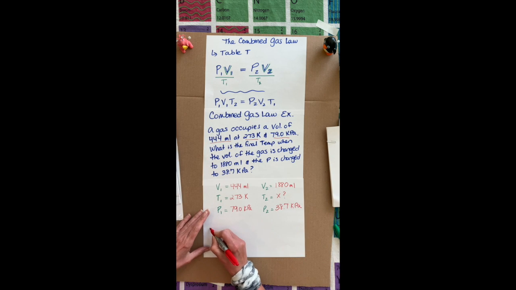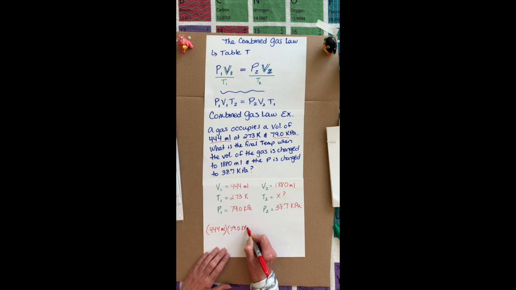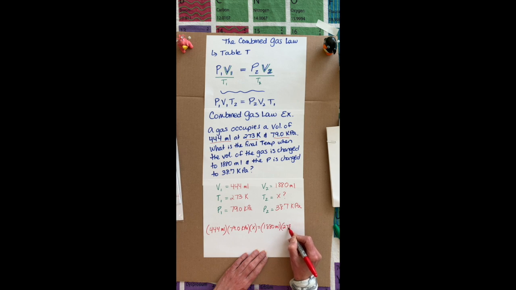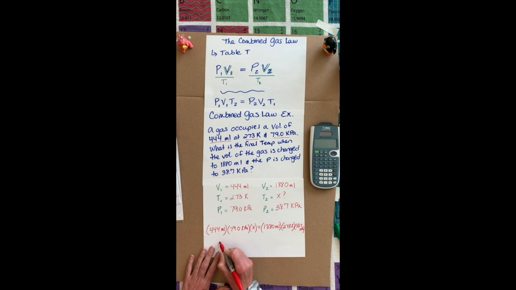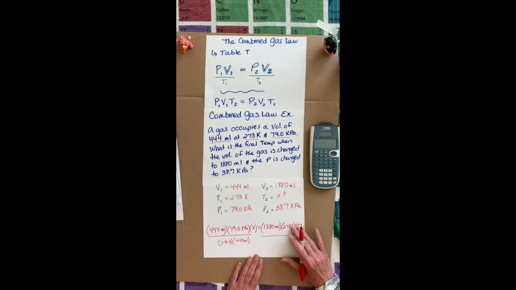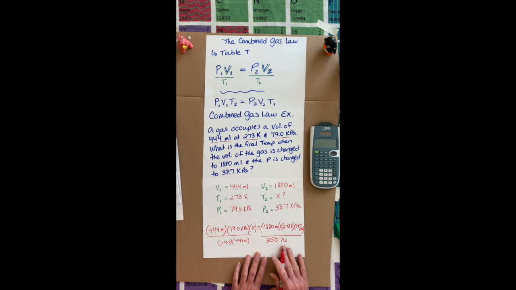So you'll notice I'm going to go like this. Okay, so you're going to have this side divided by itself to isolate for x, and we're going to divide this side by that product, which is 35,076.